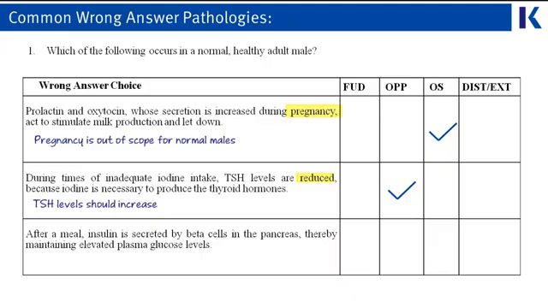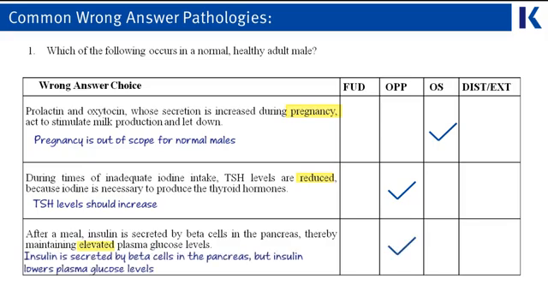But insulin lowers plasma glucose levels, so this one is opposite. However, you may have noticed the true detail in the first half of this question stem and thought, faulty use of detail, and you wouldn't be wrong. Furthermore, this answer implies some sort of pre-existing condition of elevated plasma glucose, which is, of course, out of the scope of this question. We don't know anything about the plasma glucose levels before the meal, and if they were elevated, that might be indicative of an abnormality.